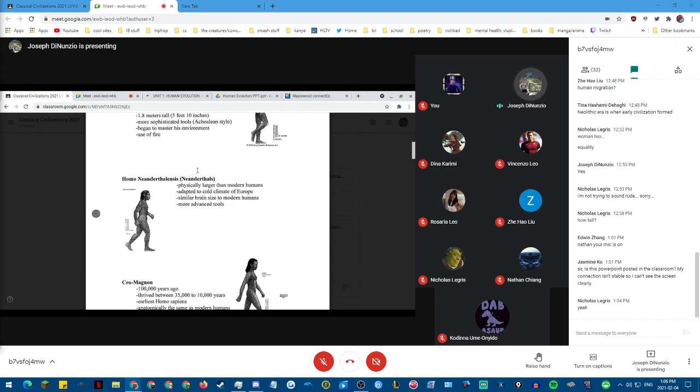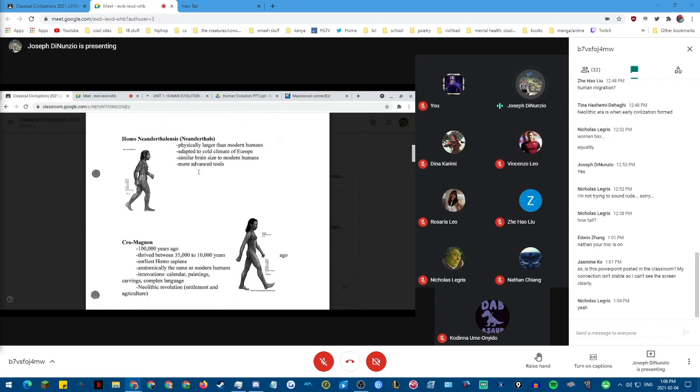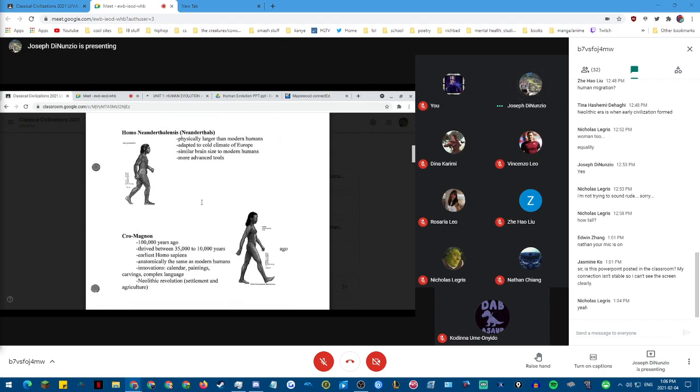And then we have the Cro-Magnon, also known as the modern human, roughly about 100,000 years ago. This is the earliest of the Homo sapiens, and they thrived between 35,000 and 10,000 years ago.